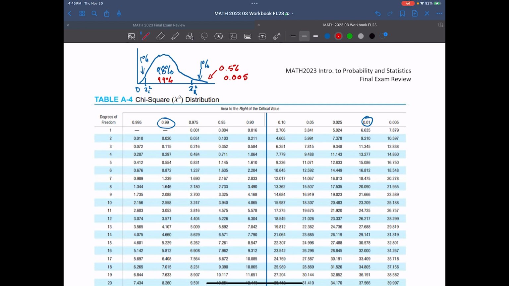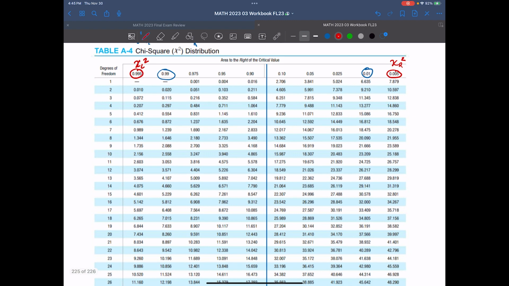So we'll use the rightmost column and the leftmost column. This one gives my right chi-squared value, and this one gives my left chi-squared value. Our degree of freedom was 1 less than 25, so it's 24. So here are the two values.